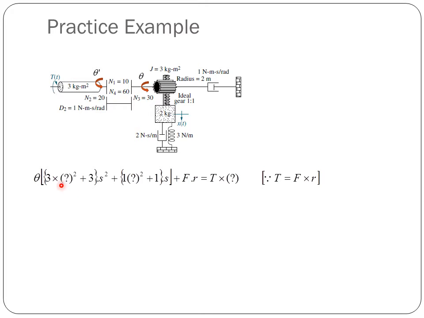To transfer it we have to multiply with some gear ratio, right? And what is the ratio? We have talked about it, that is 20 by 10, 60 by 30, because we are moving from 10 to 20 and then 30 to 60. So use it properly. You need to fill this up.